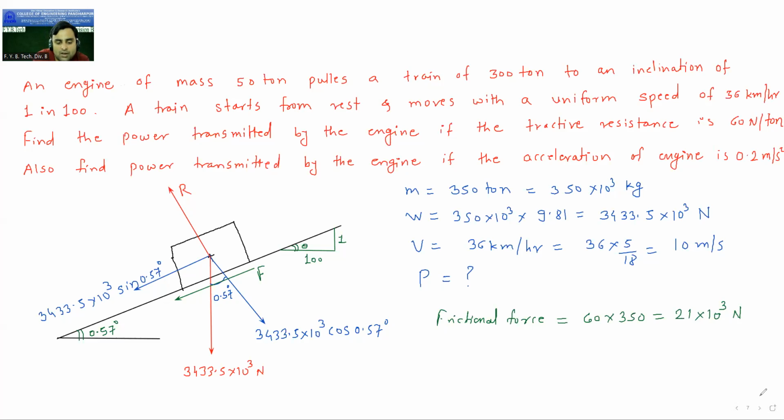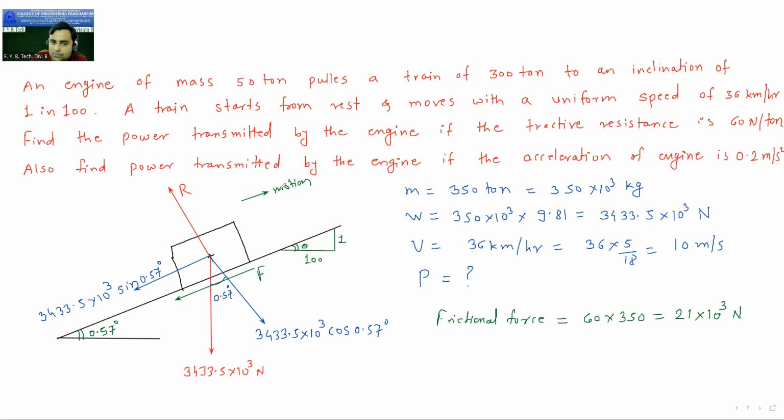So in the first part, now we will use the equation power P is equal to summation F into V. So what we are going to write in the summation F? In the summation F, you can see what is the direction of the motion. This is the direction of the motion here on this side. So your velocity is in this direction.